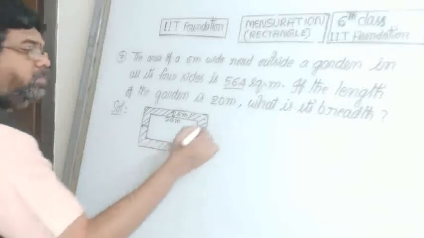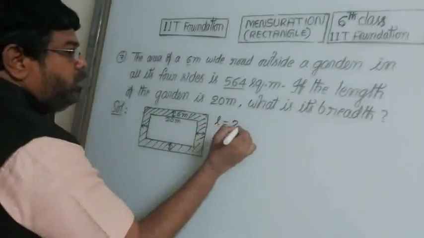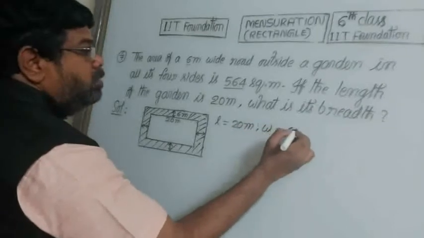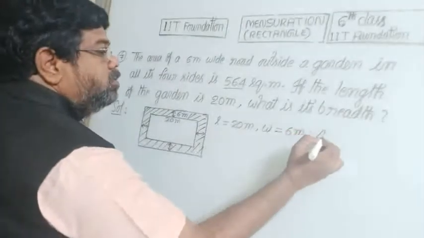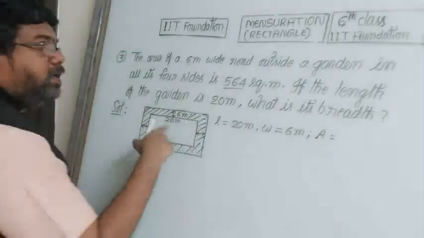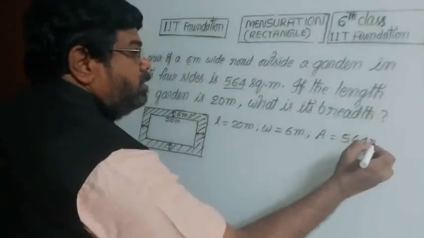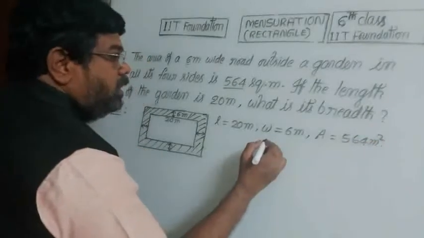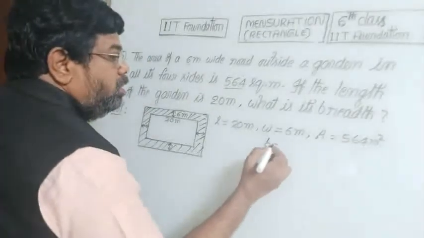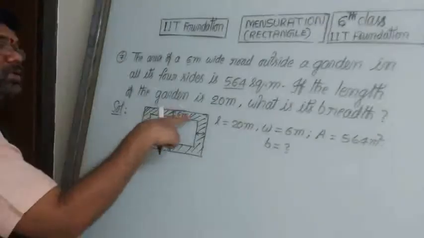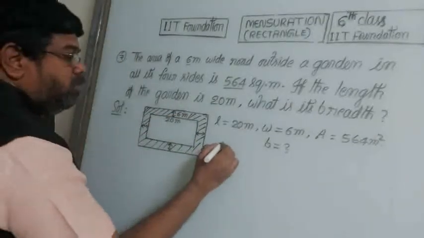So length is given 20 meter, width is given 6 meter, and the road area is also given, 564 square meters. So we require the breadth of the garden. So what is the area of the road constructed outside? What is the area formula?